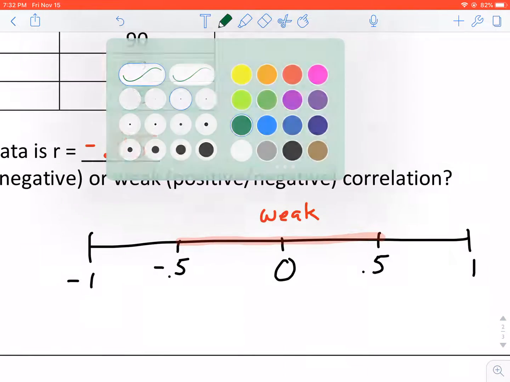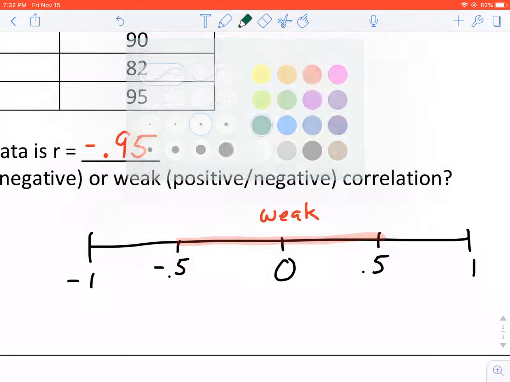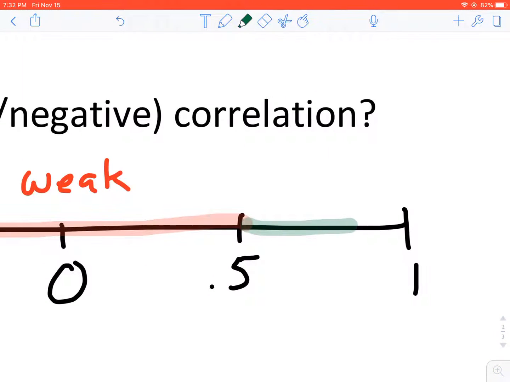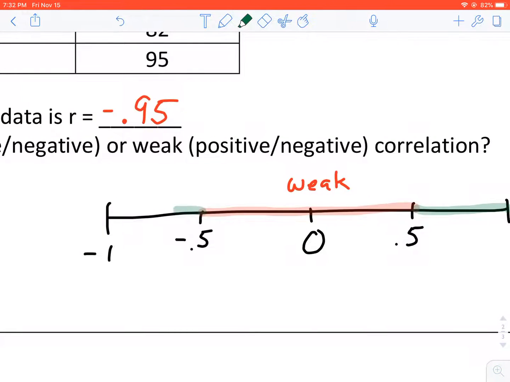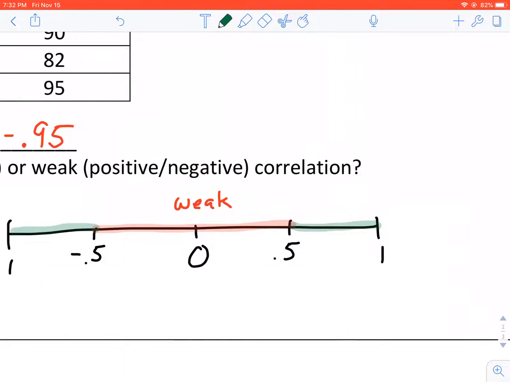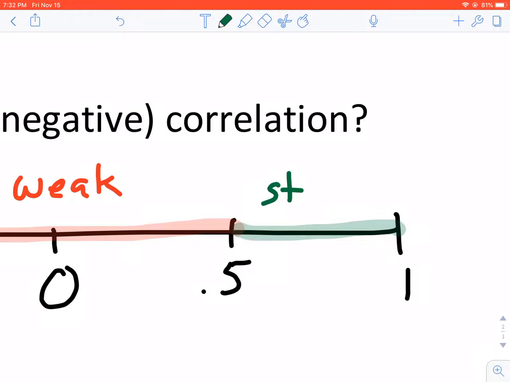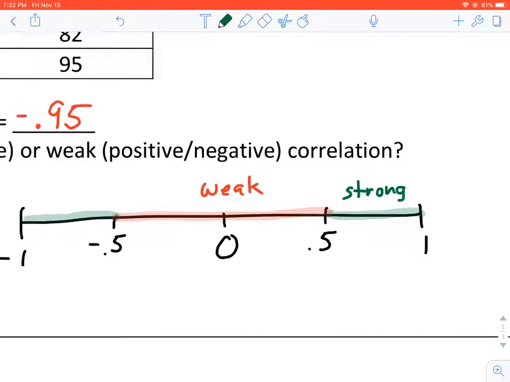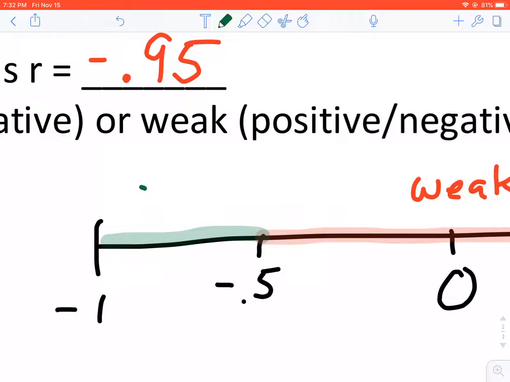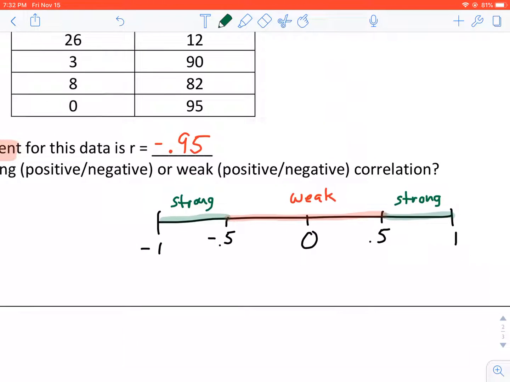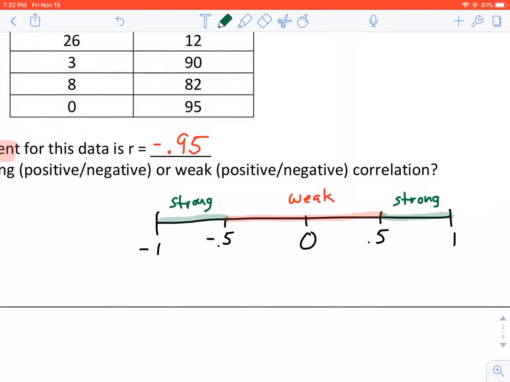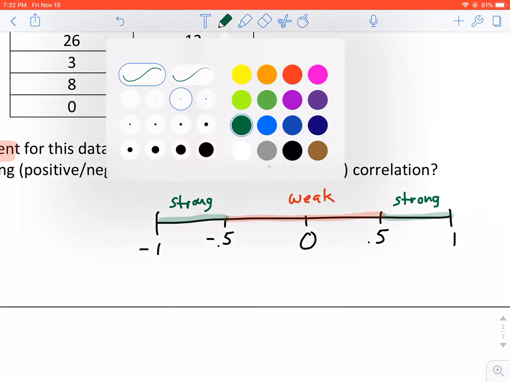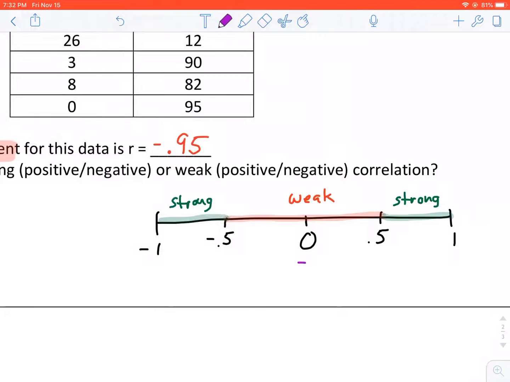Anything that falls within this right here and this right here is called strong. Now what matters is that this side, on the left, is negative.